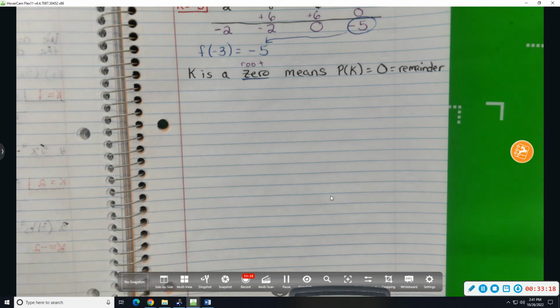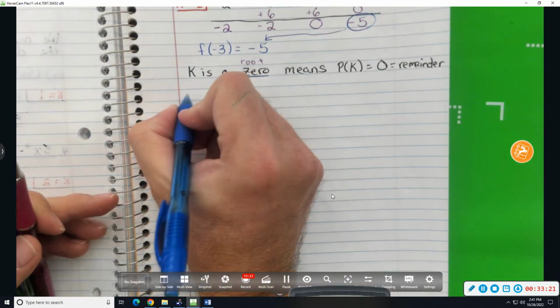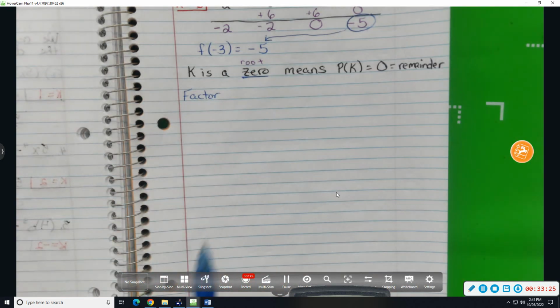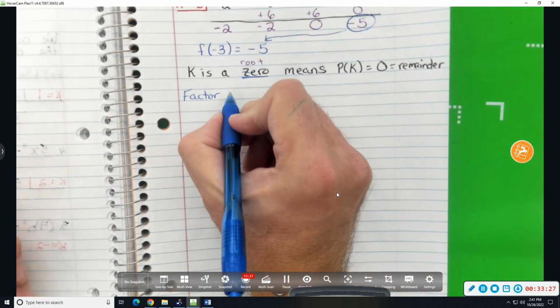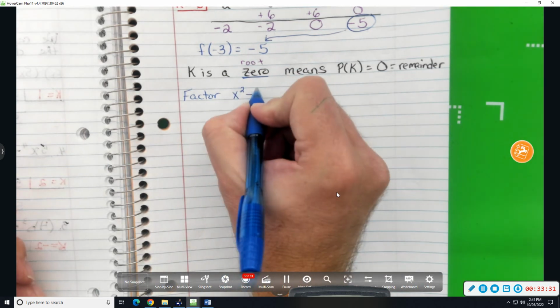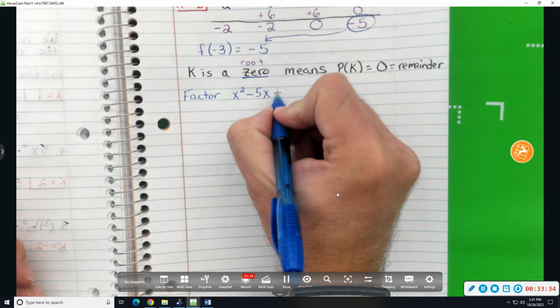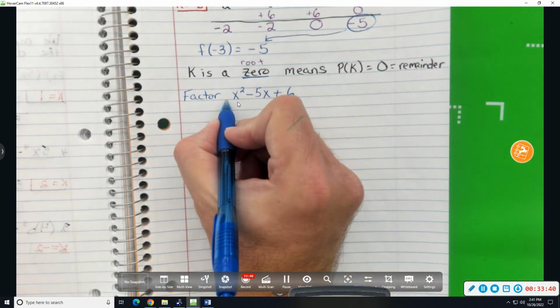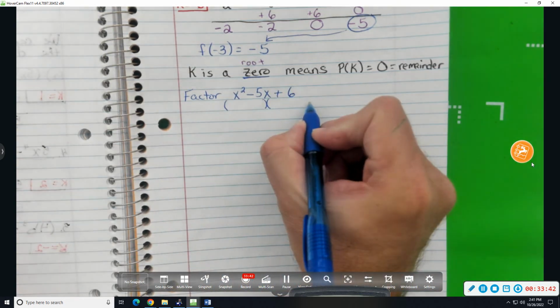So, what I'm about to do is going to seem off track, but we've done some stuff like this before. We've factored stuff like x squared minus 5x plus 6. How would we go about factoring that? So trinomial, so I'd write my two sets of parentheses.